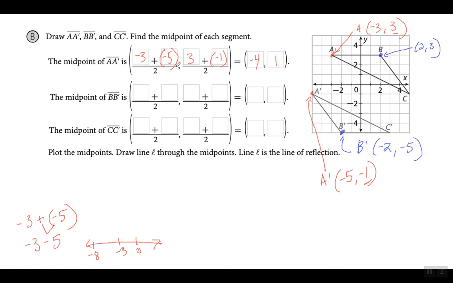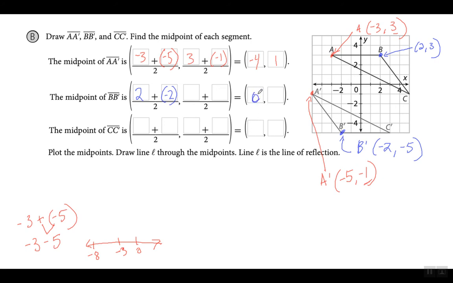I'm going to do the same process. First, I add the x coordinates. So 2 plus -2, that plus and minus become a minus. So 2 minus 2 is 0. And 0 divided by any number is always 0.